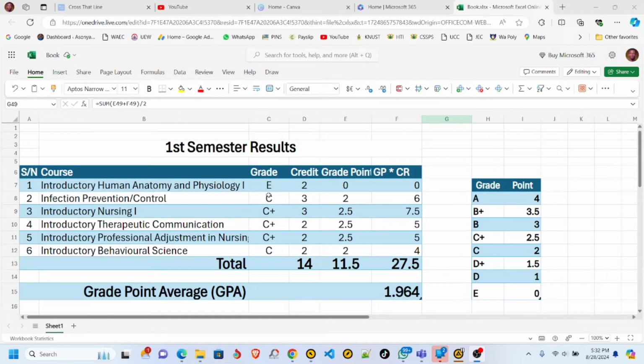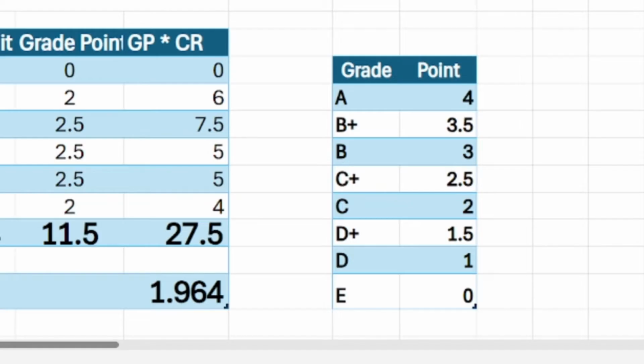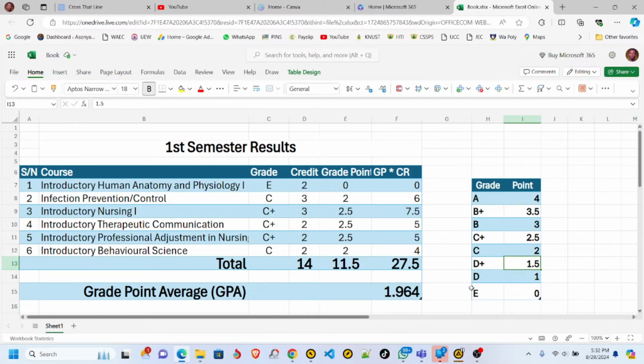So let's see how we are going to calculate the GPA for this particular semester. All you have to do is list down the grades and then the credit hours. On my right-hand side we have the grade points. You go to the grade points and pick the point attached to the letter.